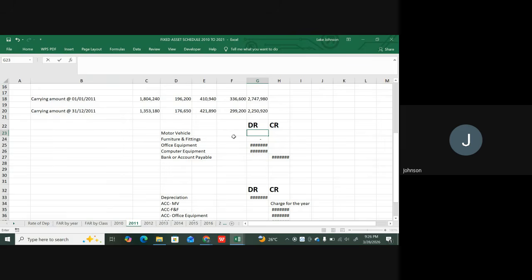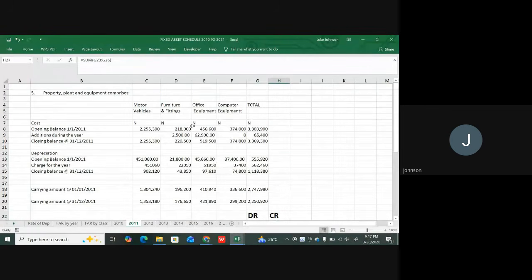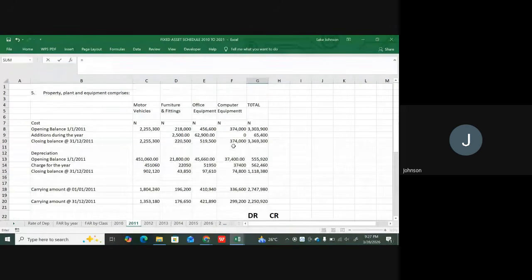So you discover that here it is only two assets that we actually purchased during the year, not all the assets. So what do we do? The addition for the year is office equipment and furniture and fittings. We come to furniture and fittings, we say equal to, we're going to pick this.